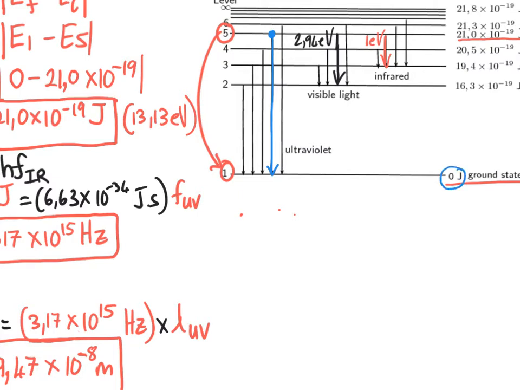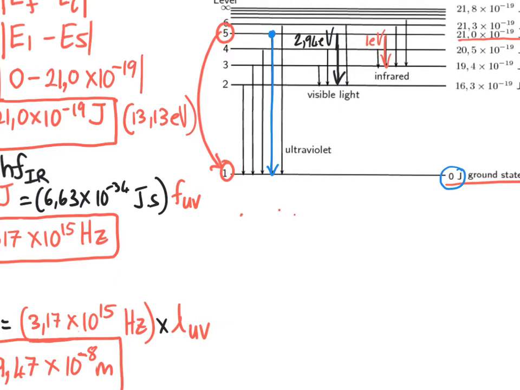So that's the zero potential. So we can see here there's going to be a much bigger drop in energy in the electron. So the energy of the photon must be much bigger than what we previously worked out when we worked out the energies of the photons produced by the drop between 5 and 3 and 5 and 2.